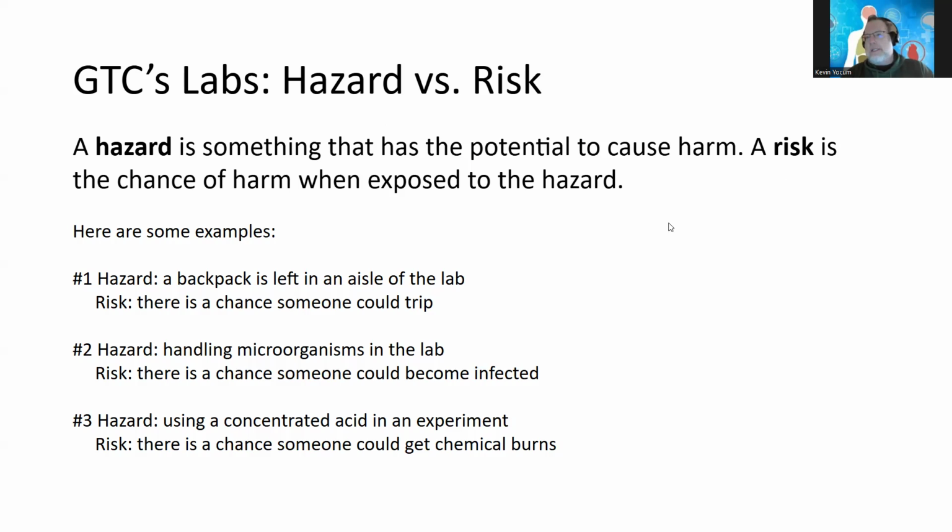A risk is a little more potential or possibility, more ethereal. It's the chance of something happening based on a hazard being involved. I don't know if that makes sense, but I think it probably does. The hazard is the thing; the risk is what may happen when the thing is involved.